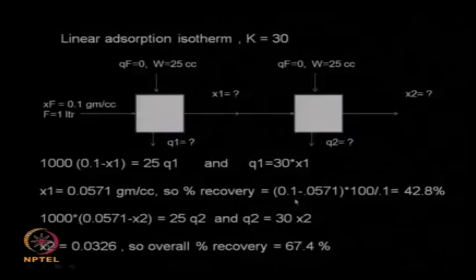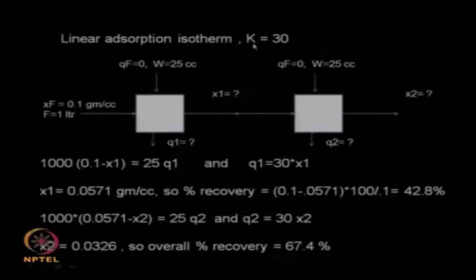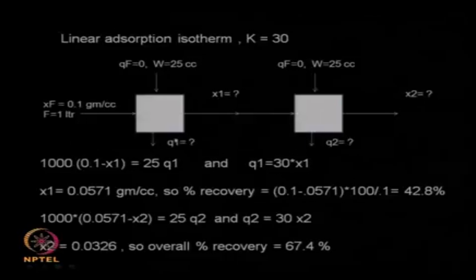So look at these 2 equations. Although they all follow the linear adsorption isotherm, Q1 and x1 are related like this and Q2 and x2 are related like this. So the equations here are very different.